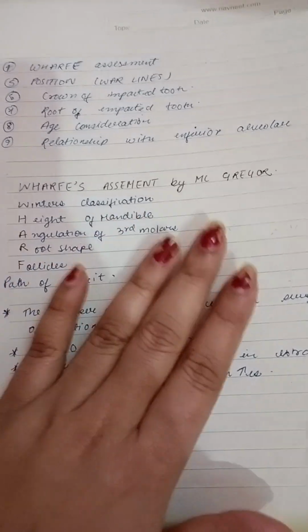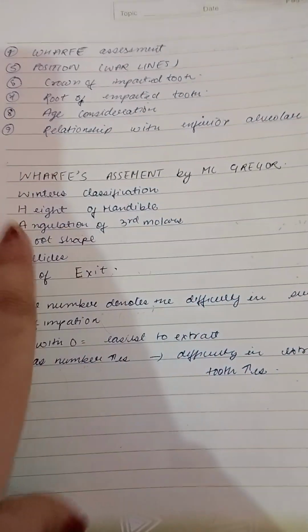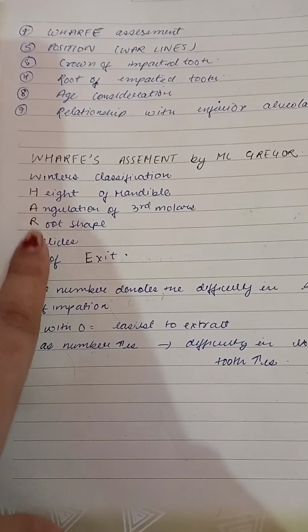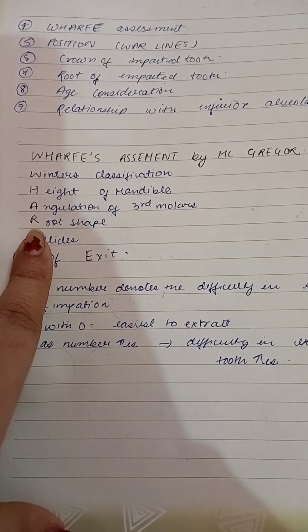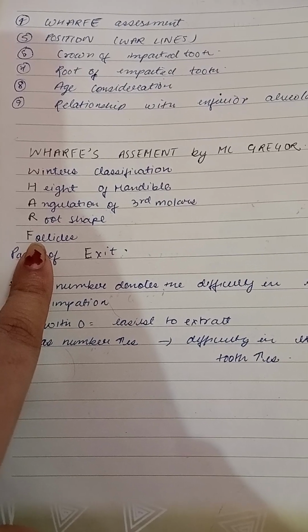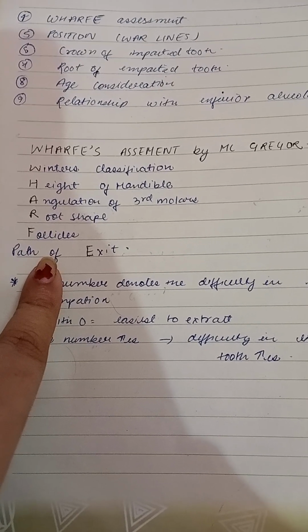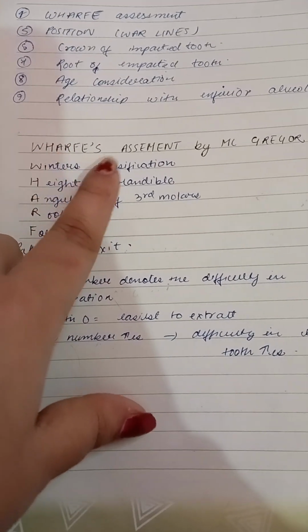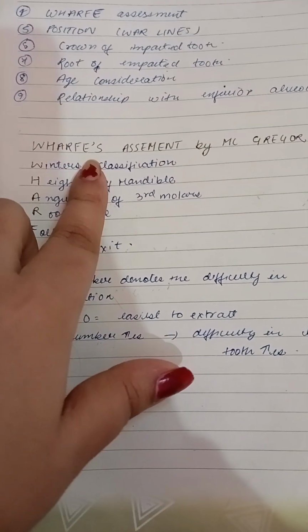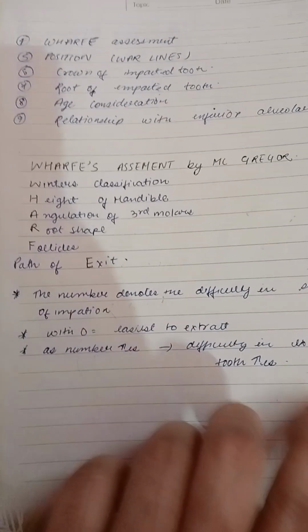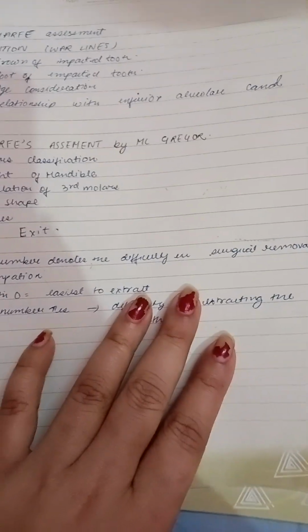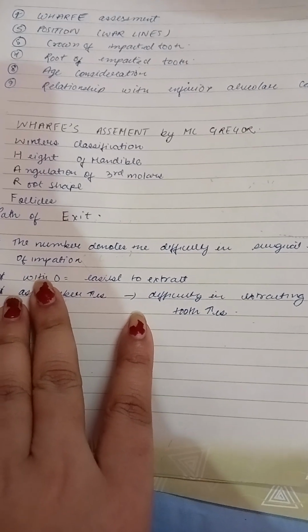Warface assessment by McGregor. W for Winter's classification, H for height of mandible, A for angulation of third molar, R for root shape, F for follicles, and E for path of exit. This is the mnemonic for all these. Now, the number denotes the difficulty in surgical removal of an impacted tooth.